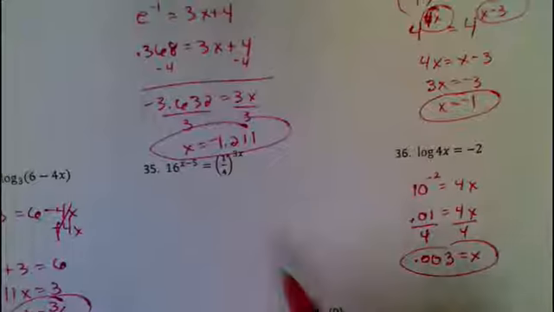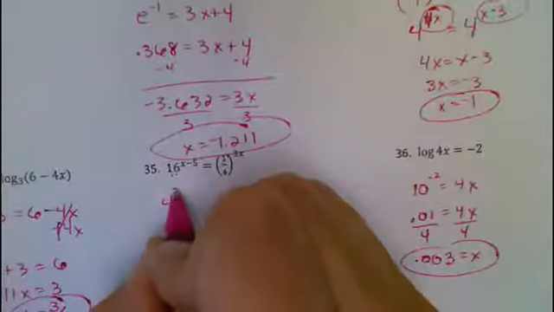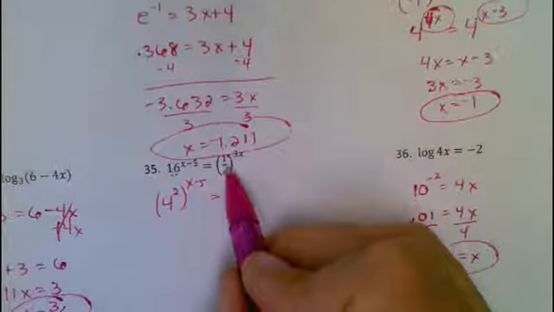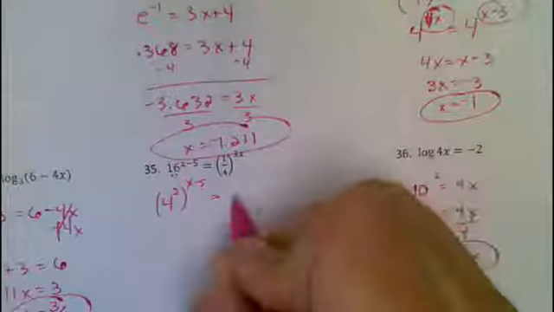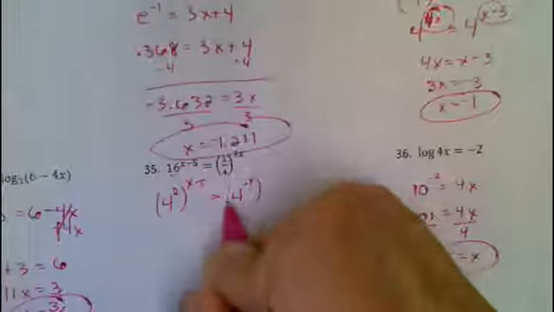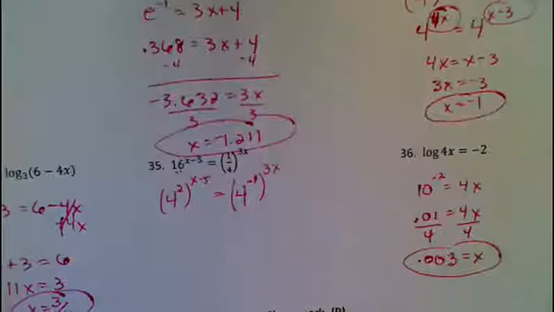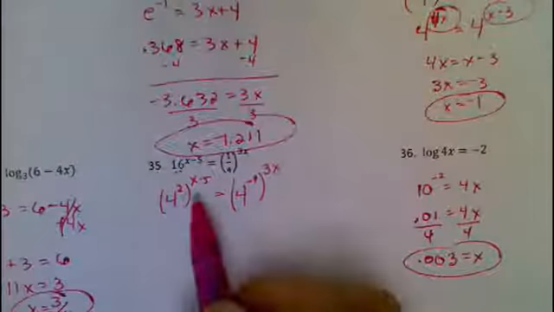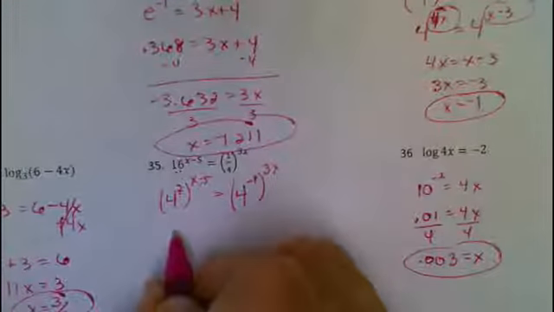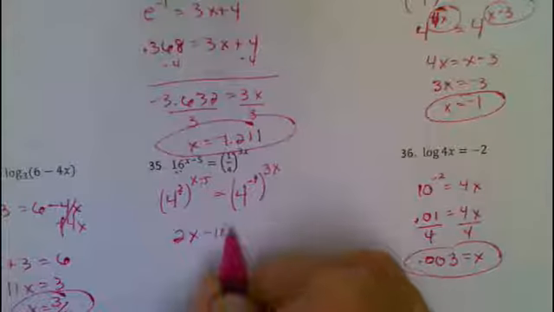Okay, this would be the same kind of problem. I'd probably want to get a base of 4. So 16 I'd write as 4 squared, just like I did in the last problem. Now here's the tricky part. 1/4 is 4 to what power? It's 4 to the negative first power, because it's 1 over 4. So I write 1/4 as 4 to the negative first power. Again, two places I have a power to a power. So here I have to take 2 times x minus 5, so I take 2 times x and 2 times negative 5.